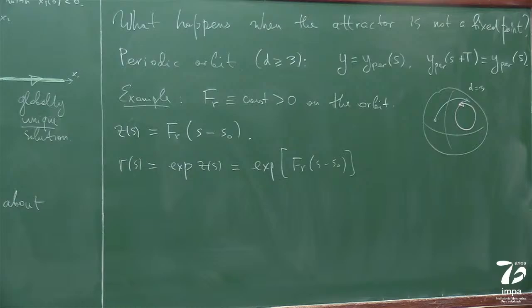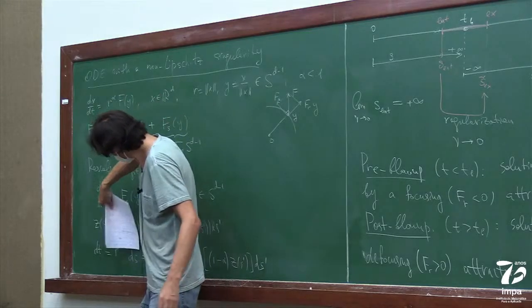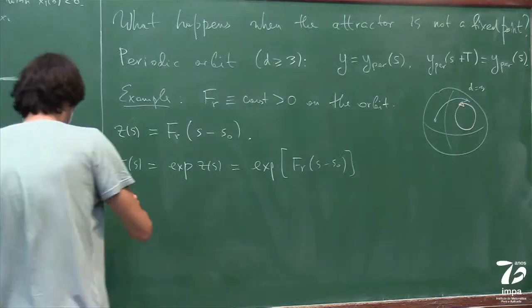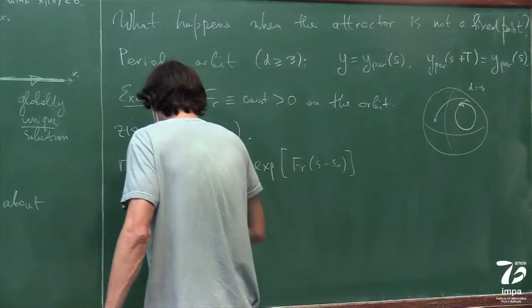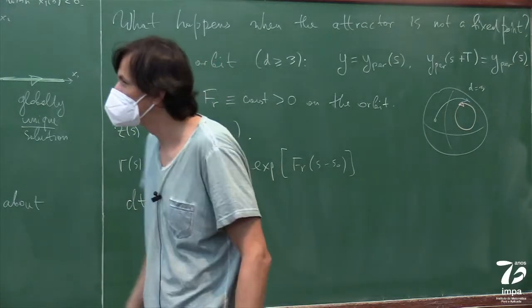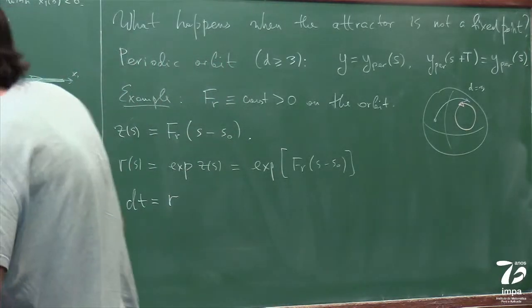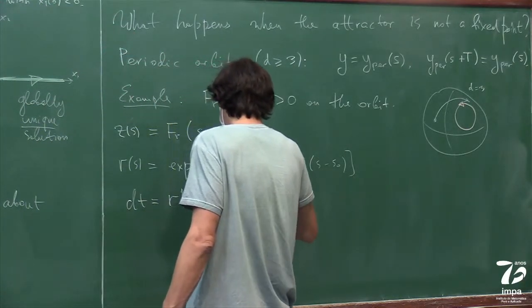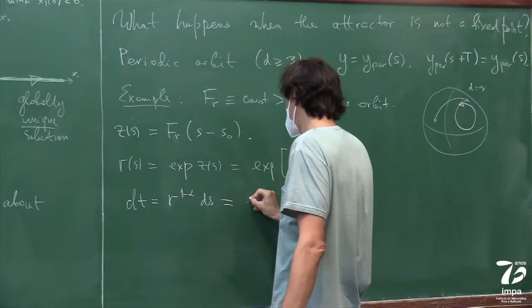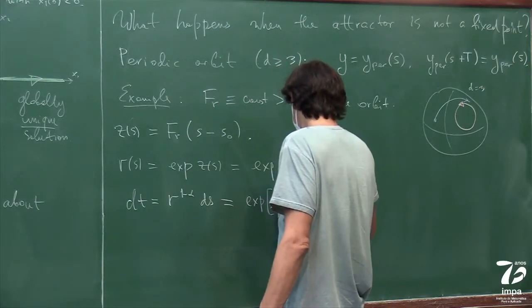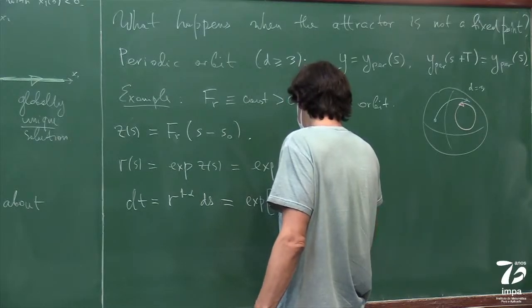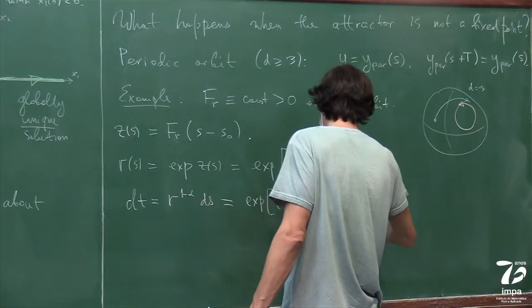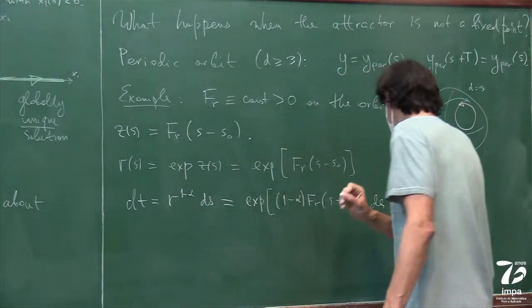And next, for the time, we consider the first relation: dt is r to the power 1 minus alpha ds. And then we use this exponent, so it will be the exponent of (1 minus alpha) Fr (s minus s0) ds.